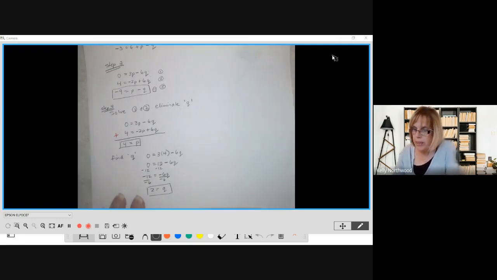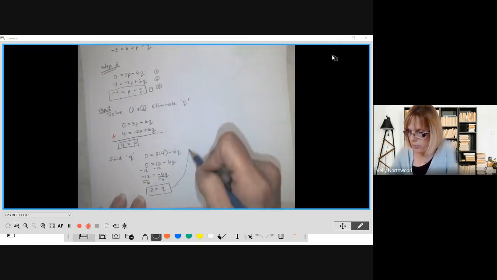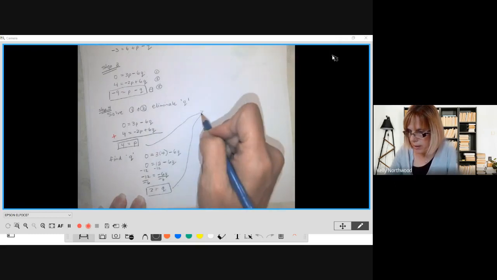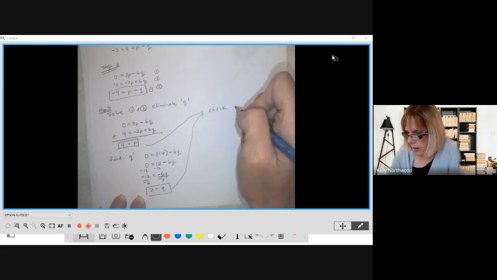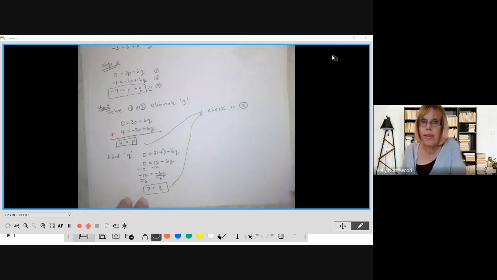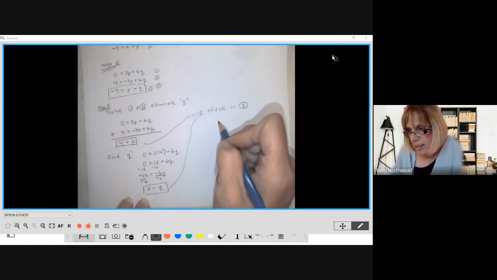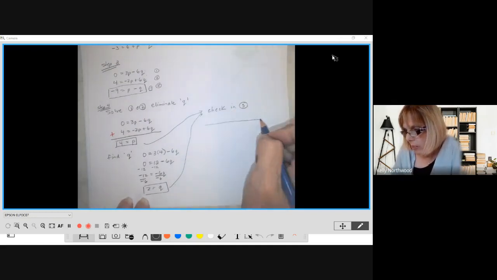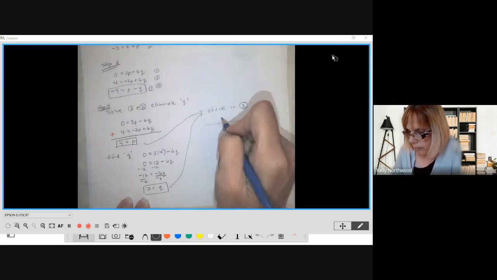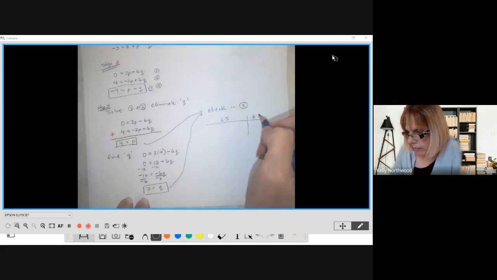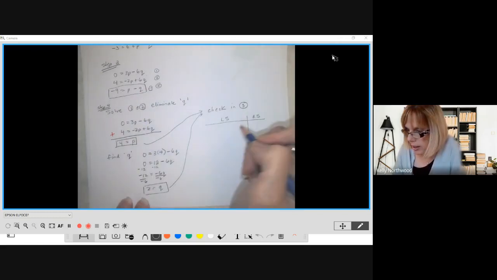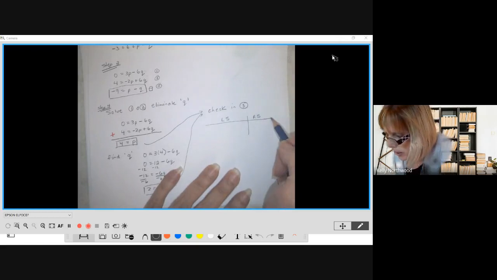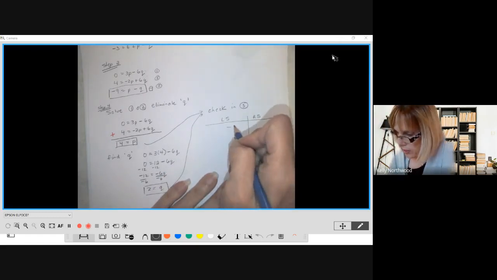So step 5 is going to be to check. So we're going to check in equation 3. And that's going to let us know whether the point does lie on the plane or it does not lie on the plane. So the equation I chose to lock away was 3. Left side only has -9 on it.